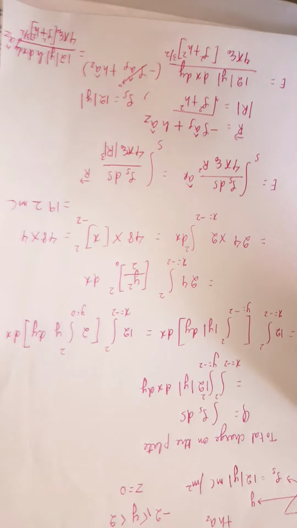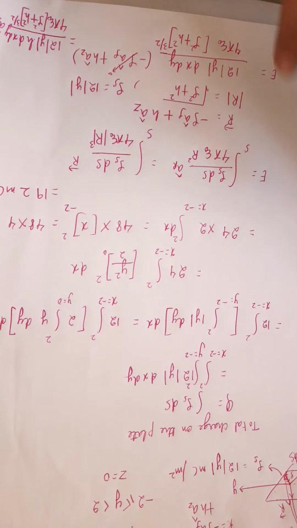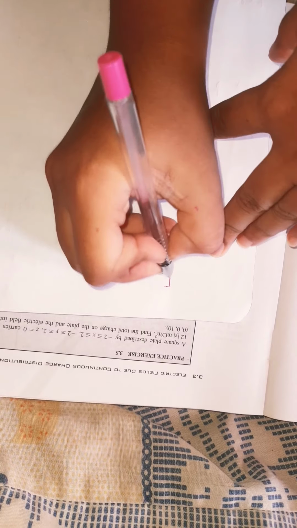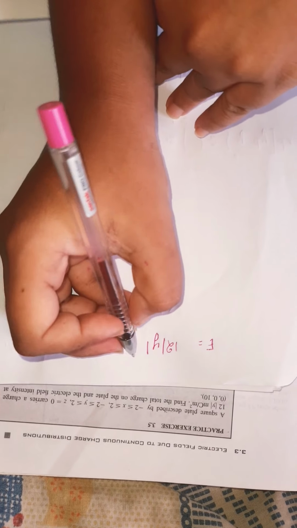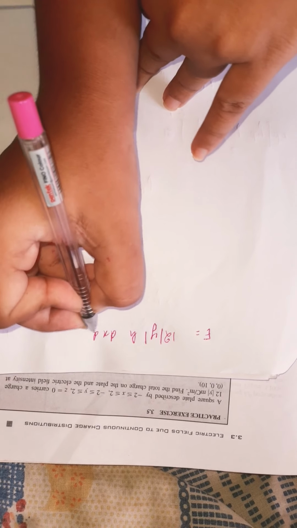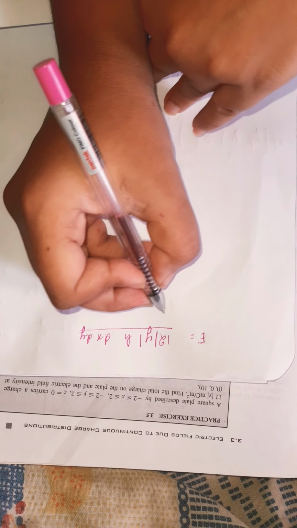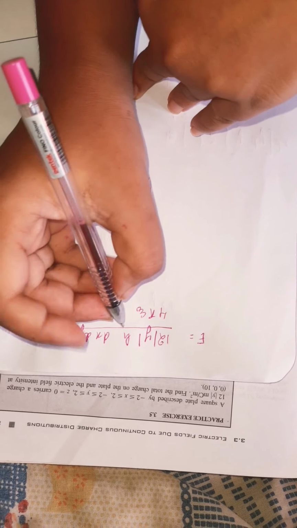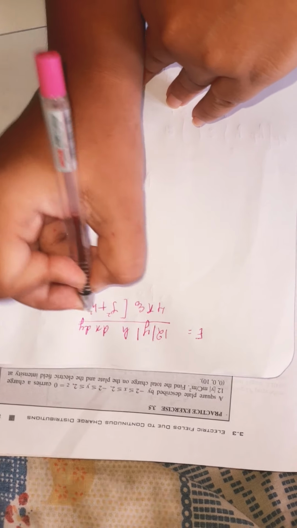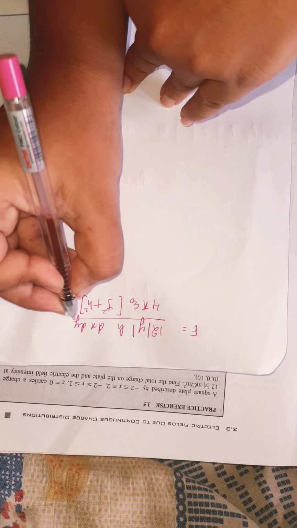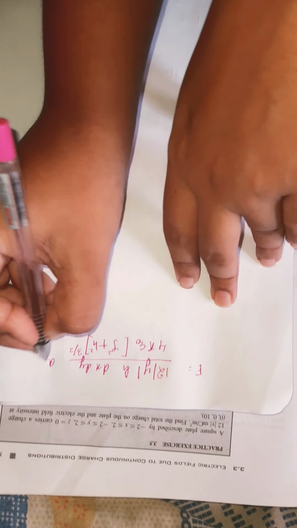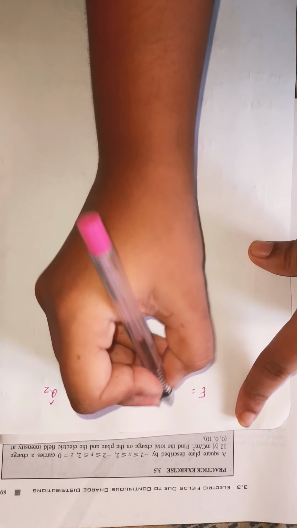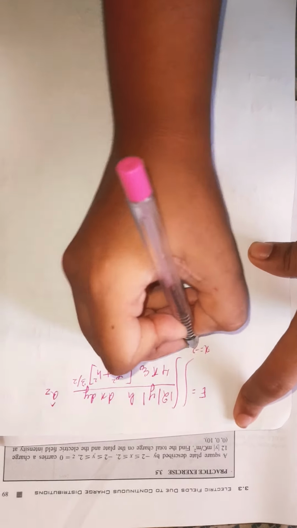Let me get a fresh page and then let's integrate this in its ranges. So what is it that I got? E is equal to 12 y mod into h dx dy divided by 4 pi epsilon naught rho square plus h square whole to the power 3 by 2. This is in the a_z cap direction, and our integration range will be from -2 to 2.